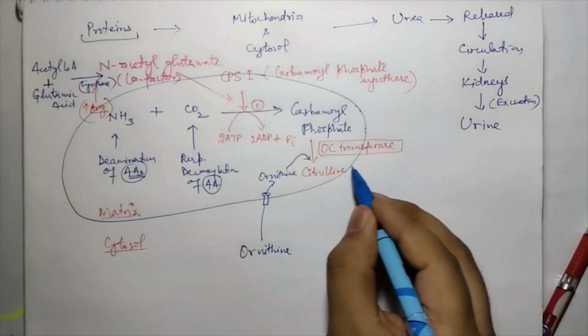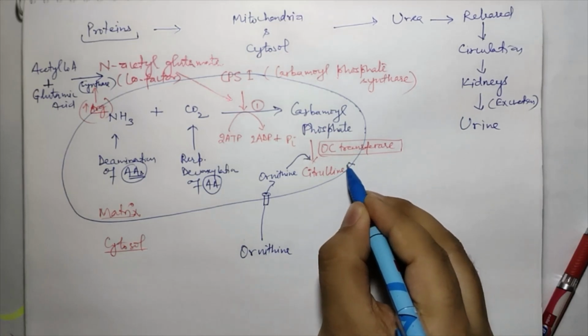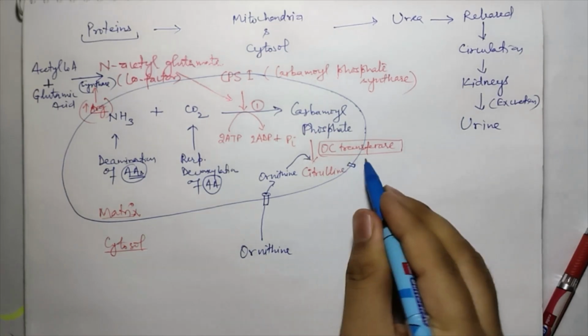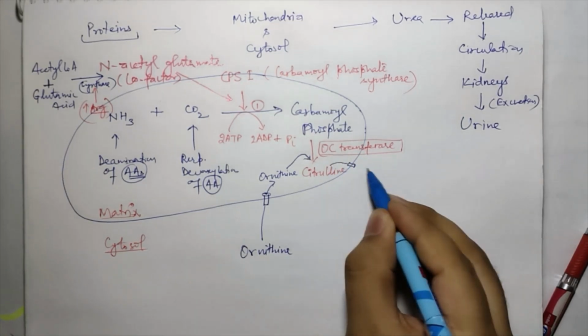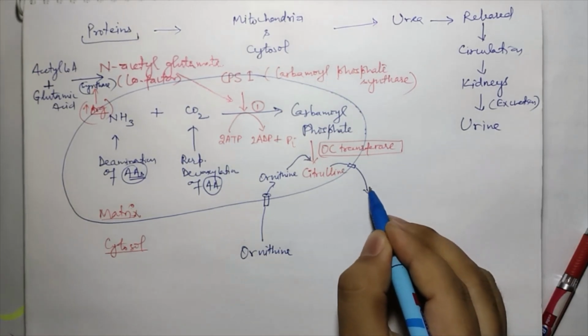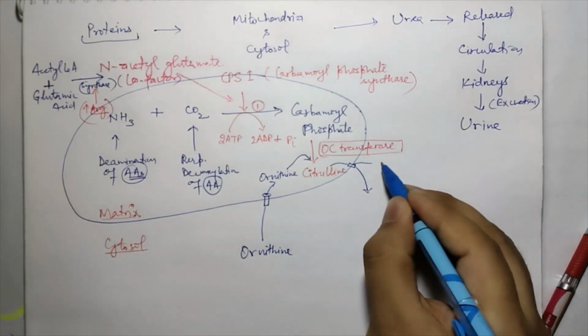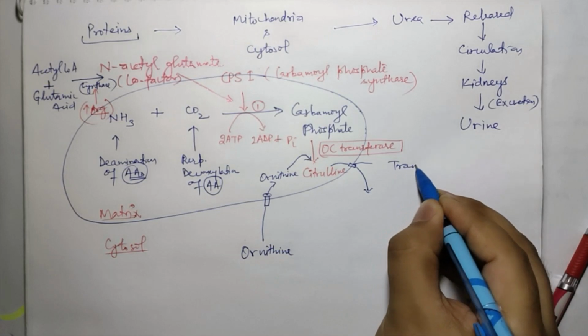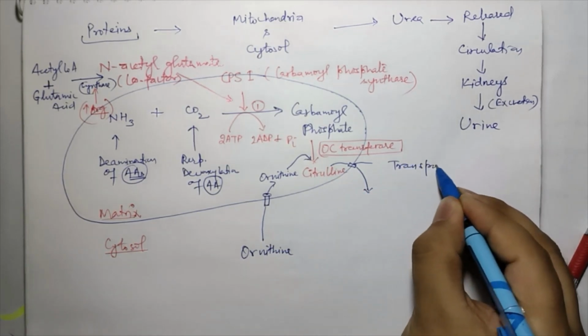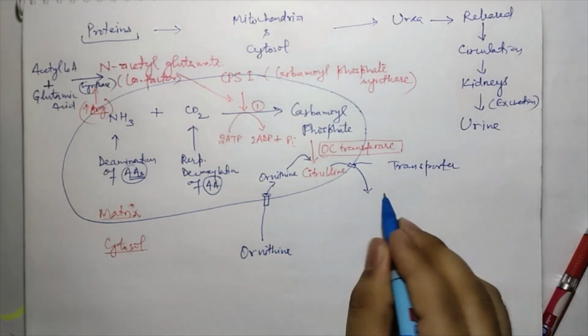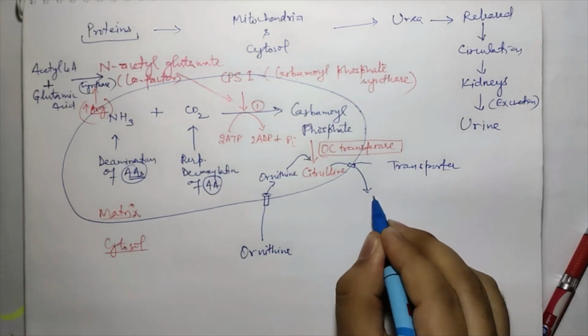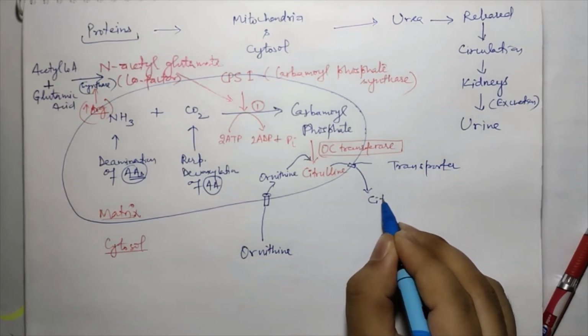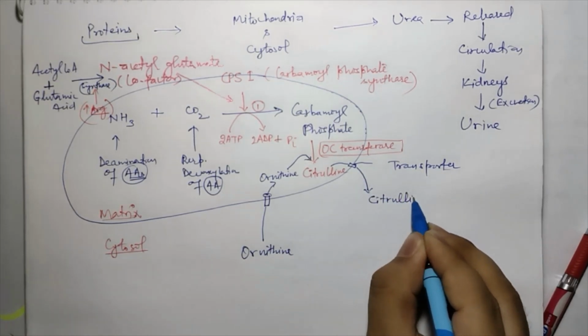Citrulline further exits the mitochondrial matrix and enters into the cytosol through a transporter, that is the citrulline transporter.